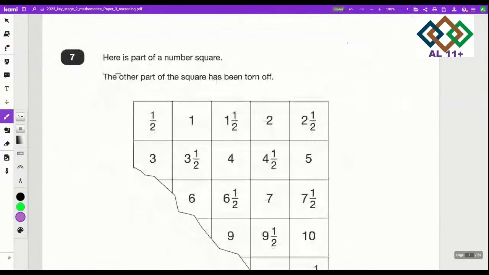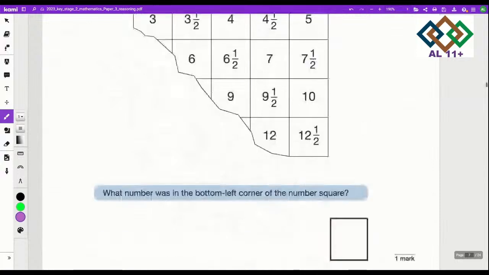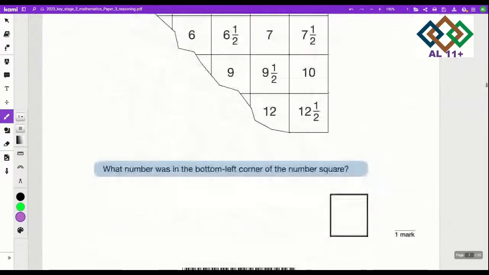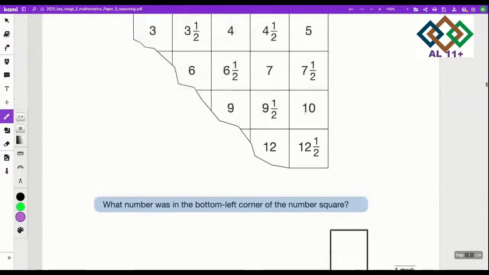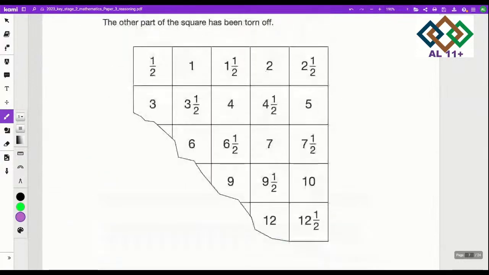Now, number 7 is, here is a part of a number square. The other part of the square has been torn off. Write down the bottom left corner of the number square. So what do you think it would be, because the other part of the square has been torn off? So how would you do this one? You will just look at what we have here.